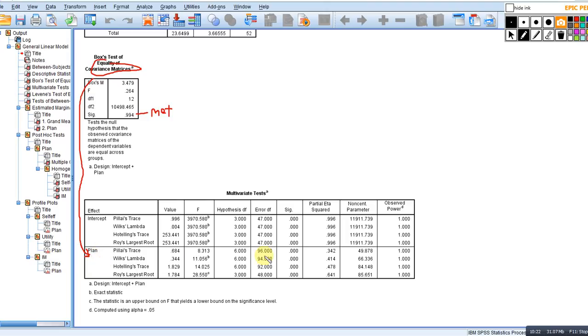Keep in mind that Box's test is only one way of assessing this assumption, and it can be underpowered in a case where you have low n, meaning that you could have more substantial violations of this assumption and not be able to reject the null when perhaps you should.